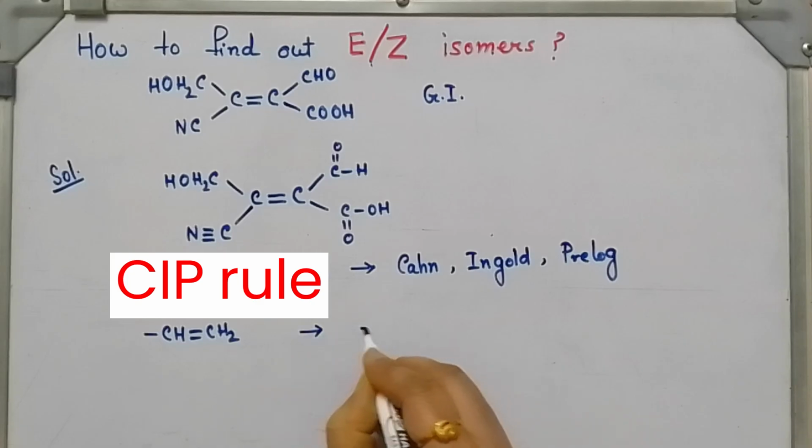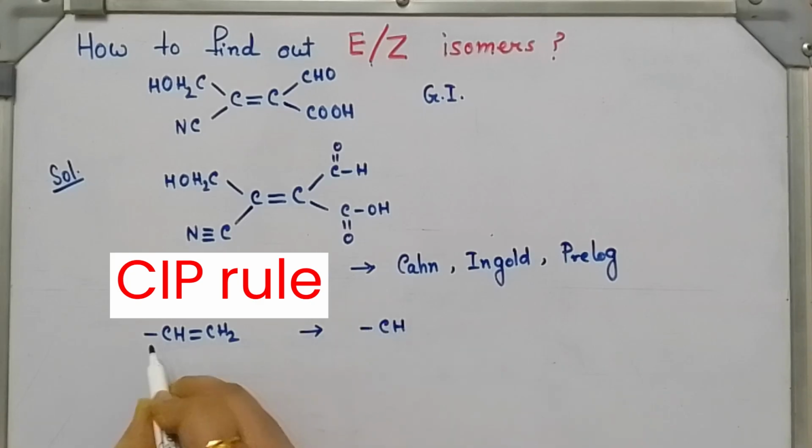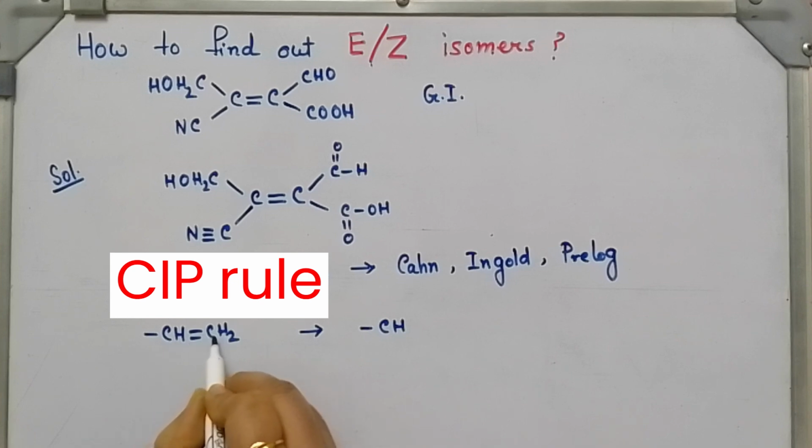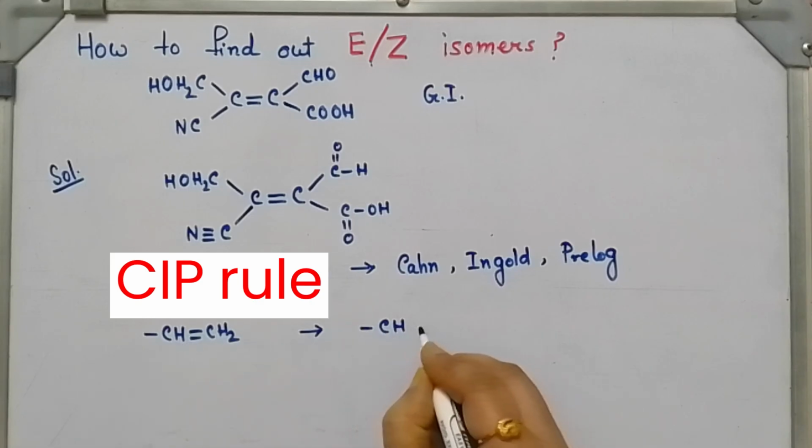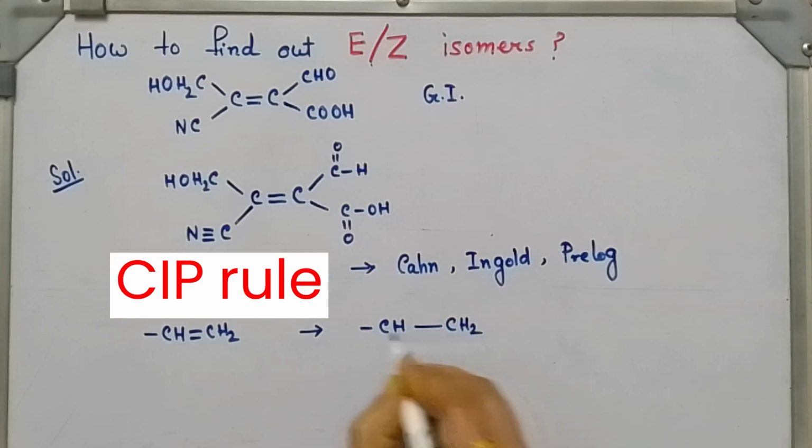Means here you have to write CH, then this carbon is having double bond with this carbon. So you have to consider as if this carbon is bonded with 2 carbons. So it is there already, it is bonded with this carbon, and here you have to consider another carbon.